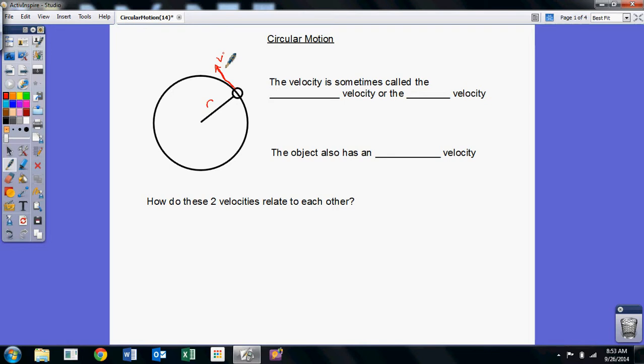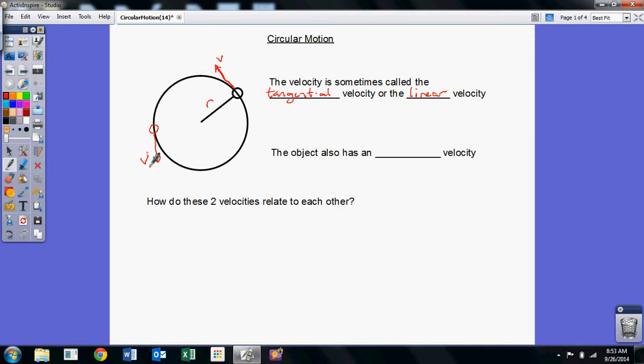Because of that, the velocity is sometimes called the tangential velocity, or sometimes the linear velocity, because we're talking about that.